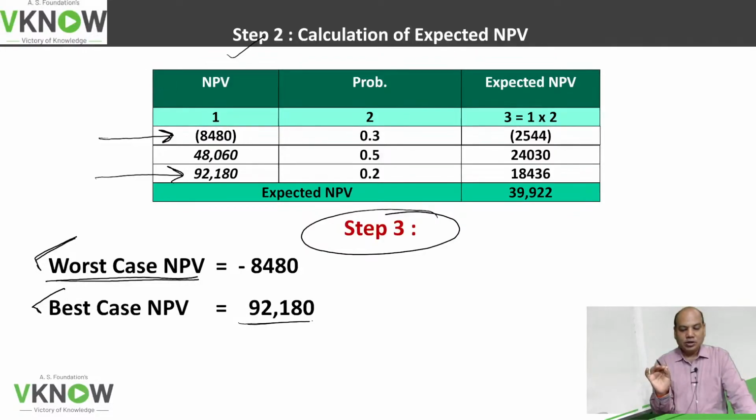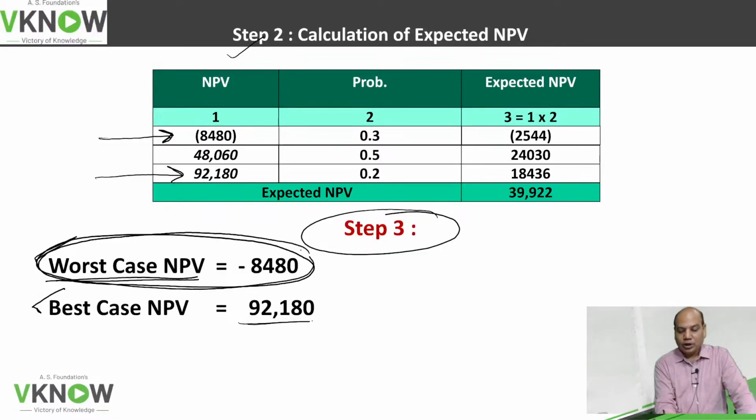First and second answer were very easy. Third answer, the probability of occurrence of worst case. What is the probability that you will get negative NPV of 8480 if cash flows are perfectly dependent over time and perfectly independent over time?